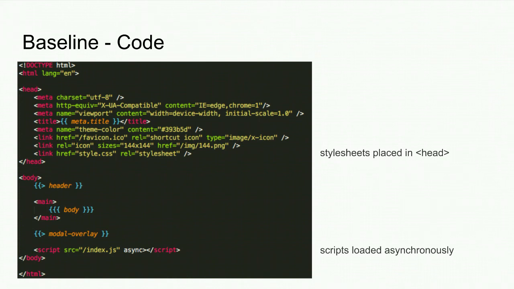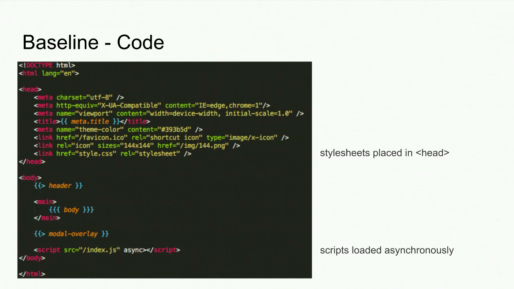Inside our head, we've got a link to our style sheet. This is the traditional way of loading style sheets. And in the footer, we're loading scripts using the async tag. A while back, scripts also used to be loaded in the head, again delaying the load time or the time to first meaningful paint.